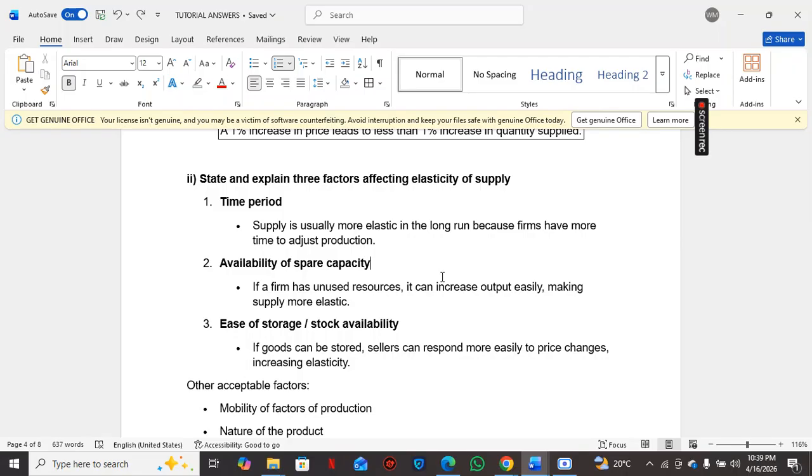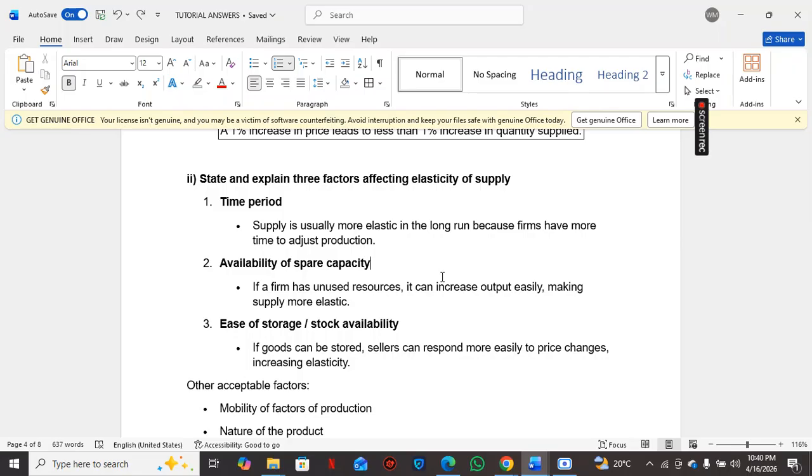Currently, you're not selling all your stock, but if the price increases, you go to your warehouse and say, okay, let me sell all of it because the price has increased. So you can say the quantity supplied is elastic because you've got spare stock.